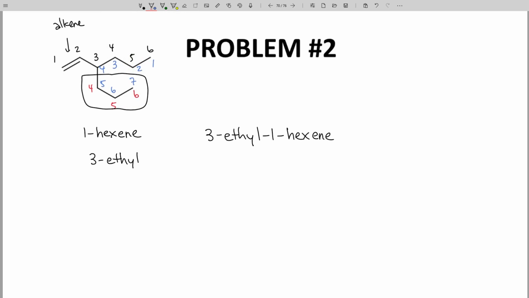So we might have said, let's just find the longest chain that we can. And we would have found that there is a heptane. But when there's a higher priority group, we find the longest chain that contains a priority group. This heptane does not include our priority group, our alkene. So be mindful of where your priority group is and find the longest chain that contains that priority group.